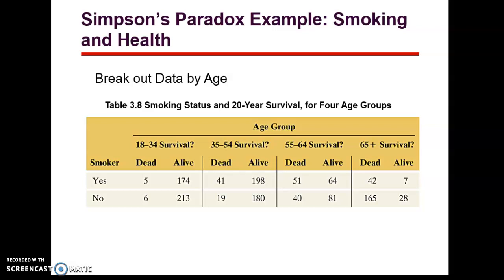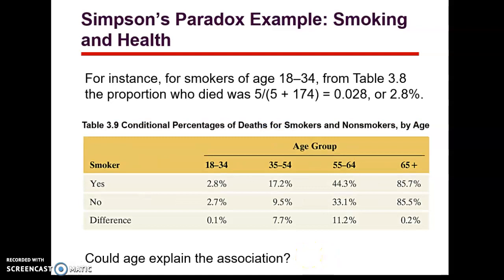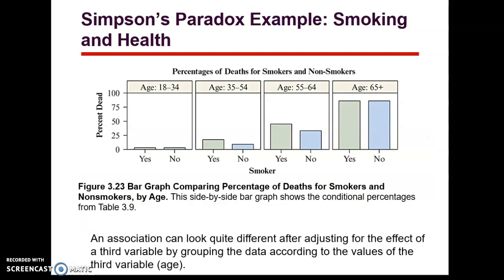And then 65 plus, it looks like there are about 6 times as many people dead as there are alive. So that's what explains it: the effect of the smoking isn't evidenced until people become older. And if you did this in terms of bar charts, you can see this.